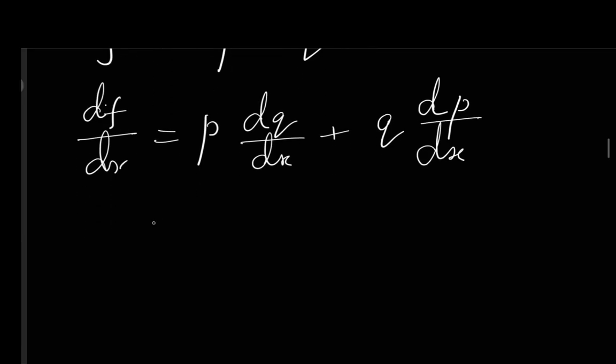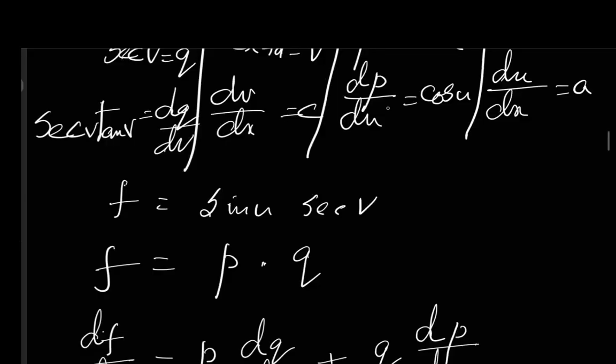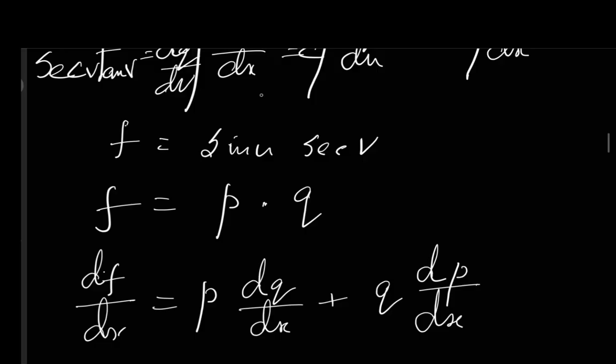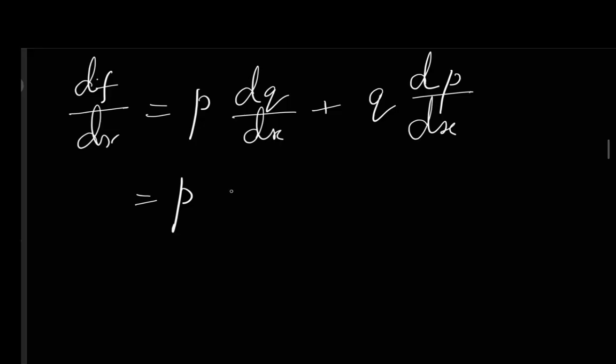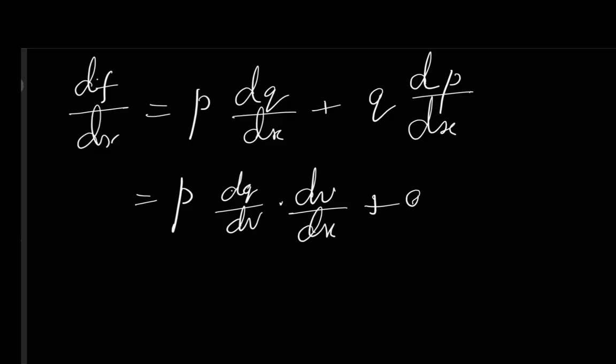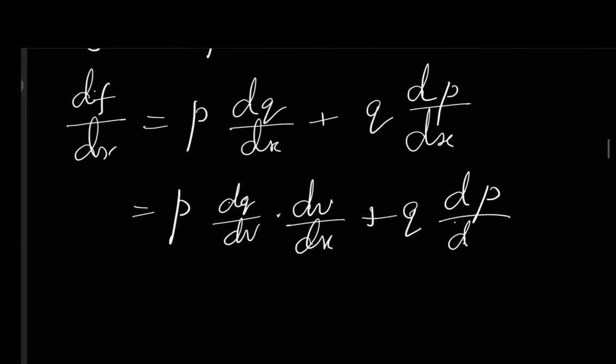For getting dq by dx, first I differentiate q with respect to v and then v with respect to x, so dq by dv and then dv by dx. Plus q into p differentiated with respect to u, because we cannot directly get x term with respect to u, and then du by dx.